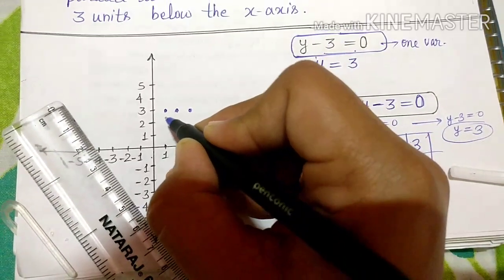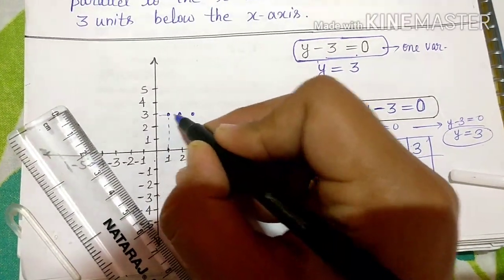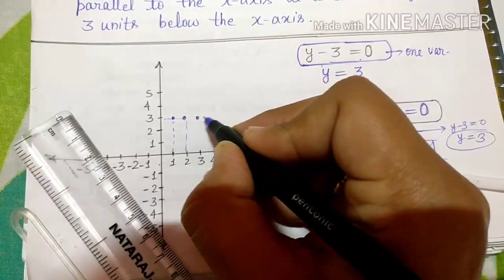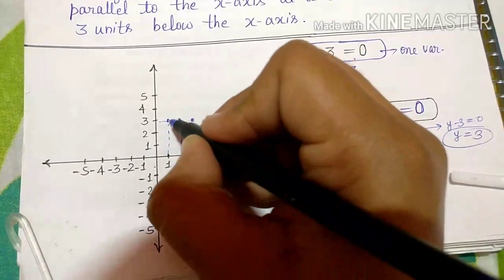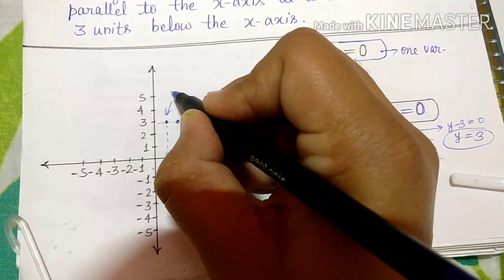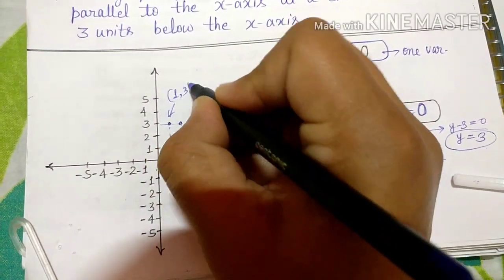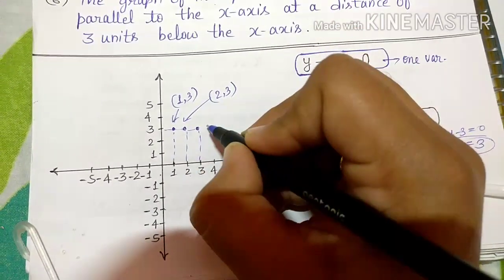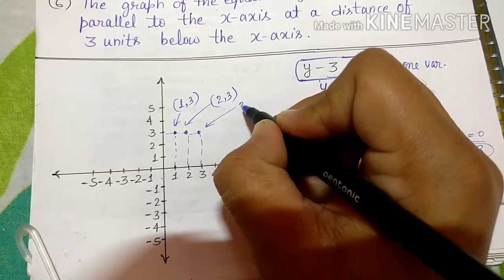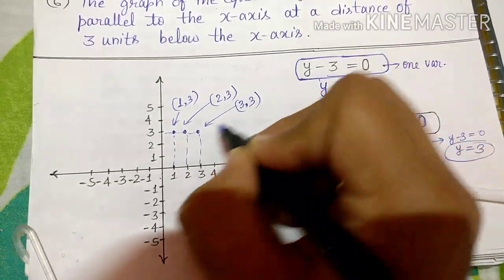So we got these 3 points. The first point is 1 comma 3, the second point is 2 comma 3, and the third point is 3 comma 3. Now we have to join these 3 points.